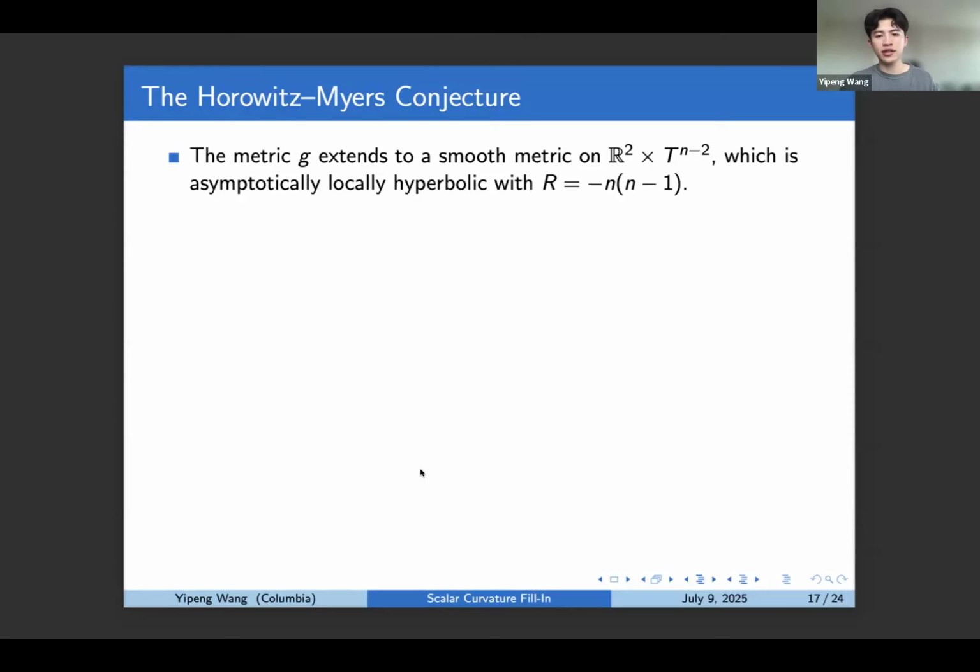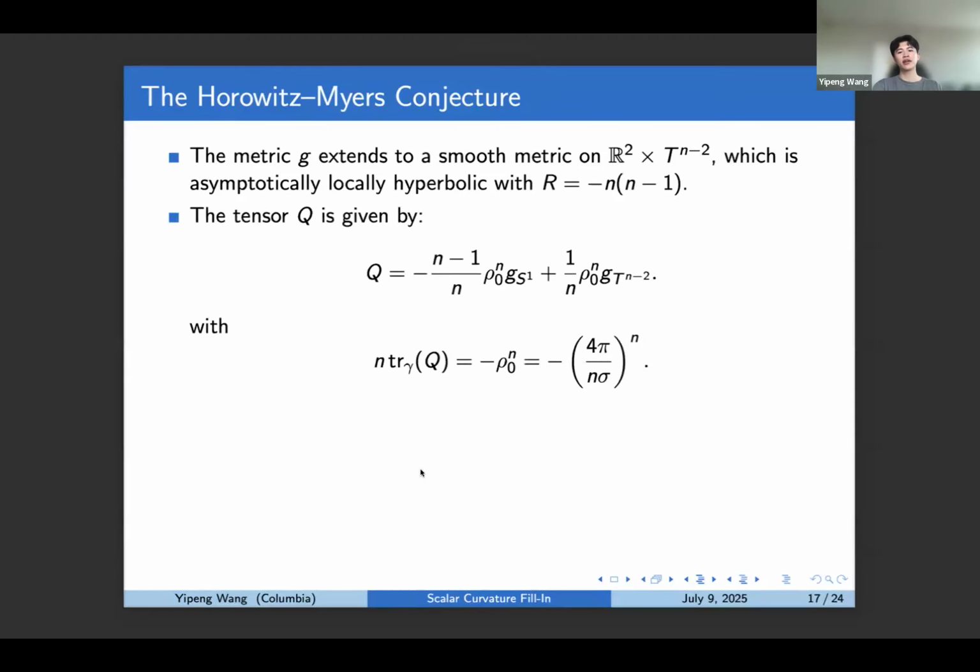Well, the metric they define was defined in the outside region, and they showed that if you normalize the systole of your boundary torus in the right way, then you can extend it to a smooth metric on R2 cross Tn minus 2. That's asymptotically locally hyperbolic and with constant scalar curvature minus n times n minus 1.